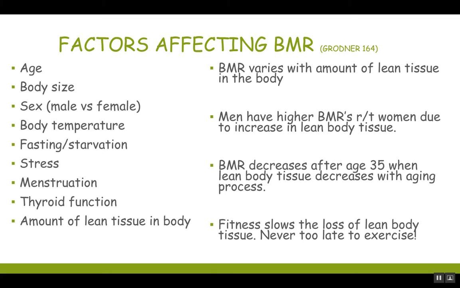So the BMR will vary with the amount of lean tissue you have in the body. Men will have higher basal metabolic rates than women due to the increase in lean body tissue. Now, after the age of 35, lean body tissue decreases with the aging process, and that will affect your BMR.